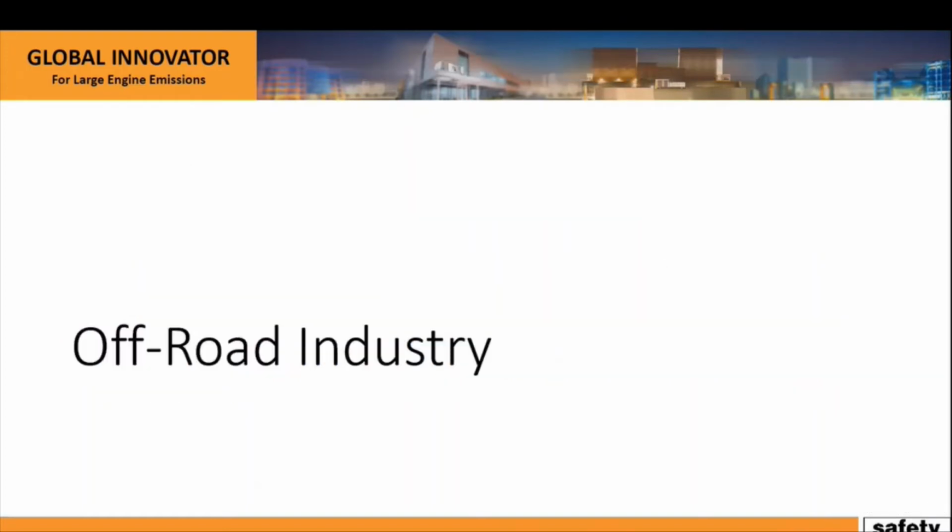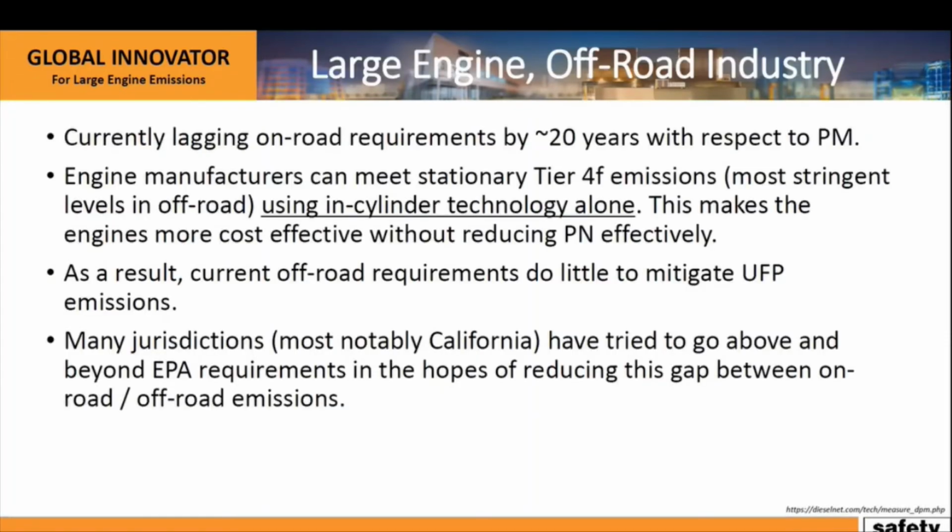So now, taking that and comparing it to the off-road industry. For various reasons, the off-road industry is not quite as stringent as the on-road. As most of you probably know, the gold standard in the off-road industry is Tier 4 Final. That is the most stringent emission level that we have for diesel engines.